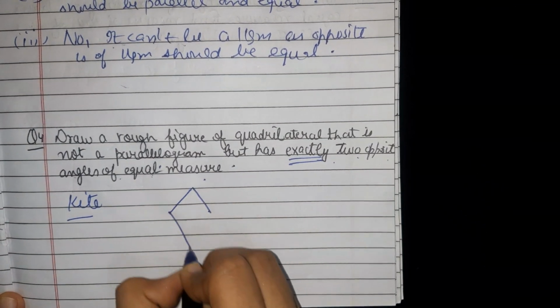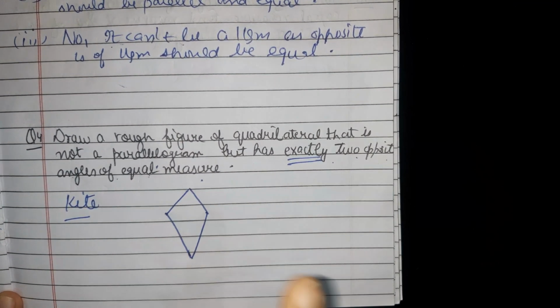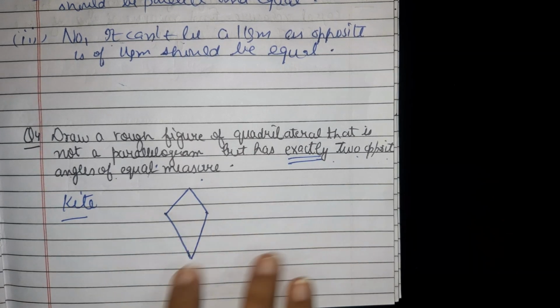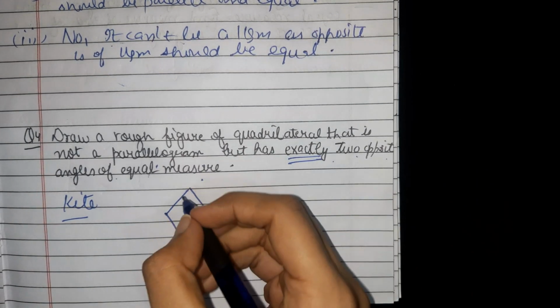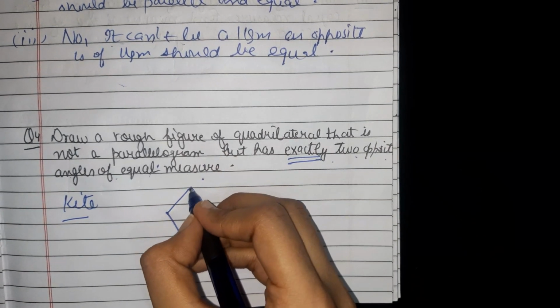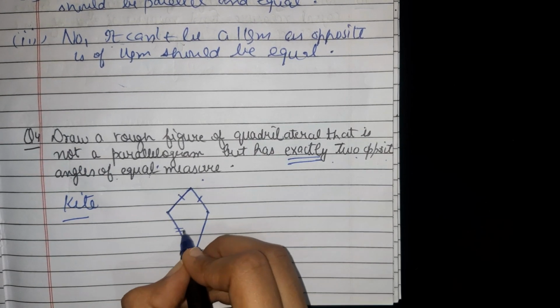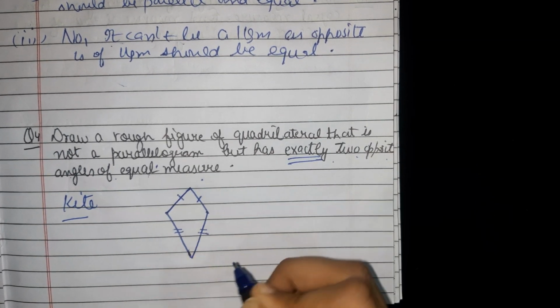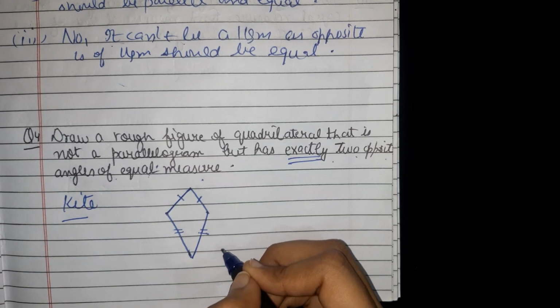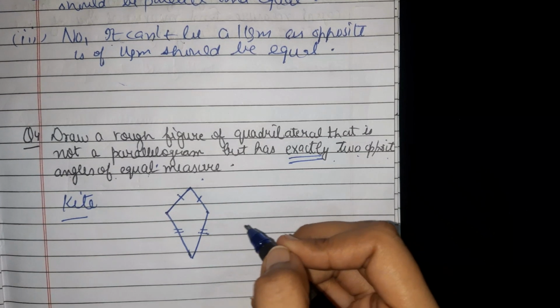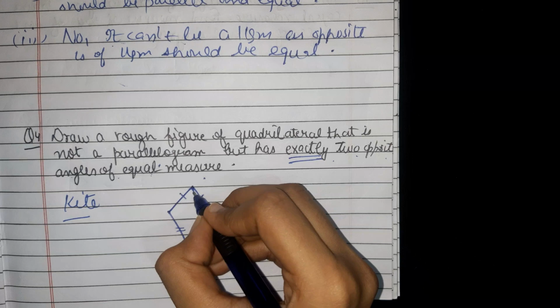A kite looks like this. We have studied all the properties of a kite. A kite is a quadrilateral with adjacent sides equal. So this side will be equal to this side and this side will be equal to this side. We also know that the angles opposite to the longer diagonal are equal.